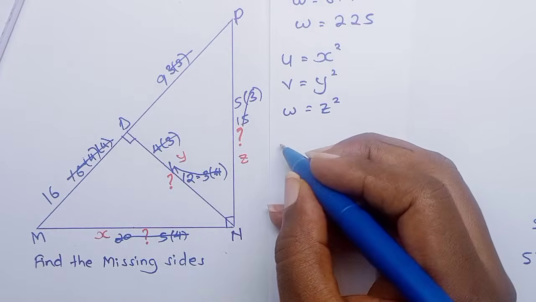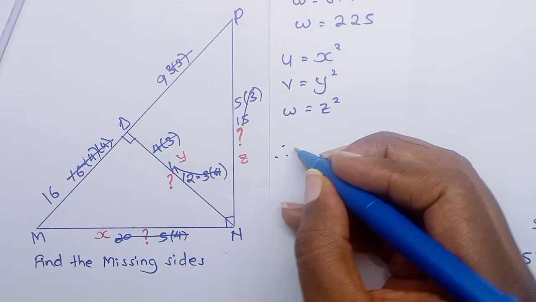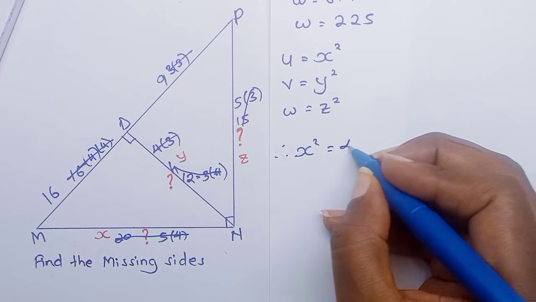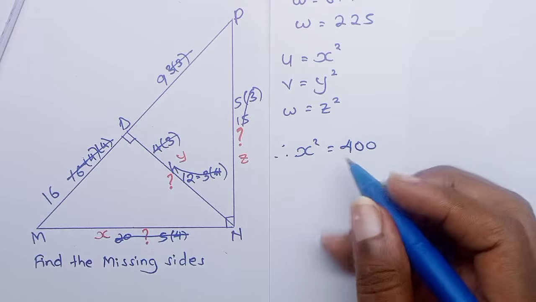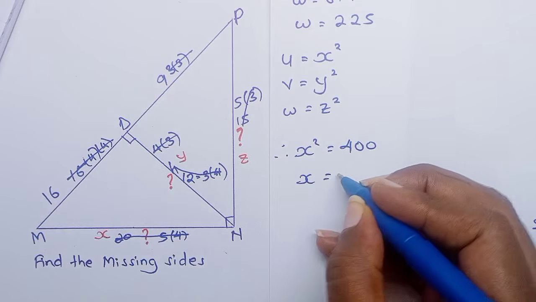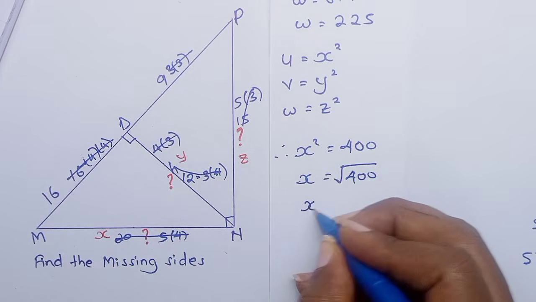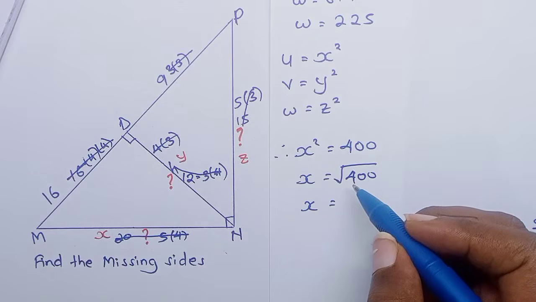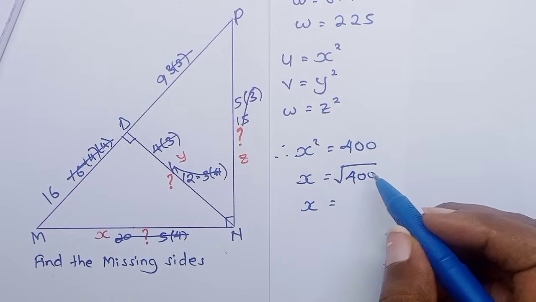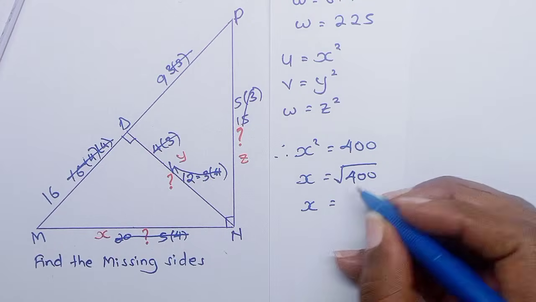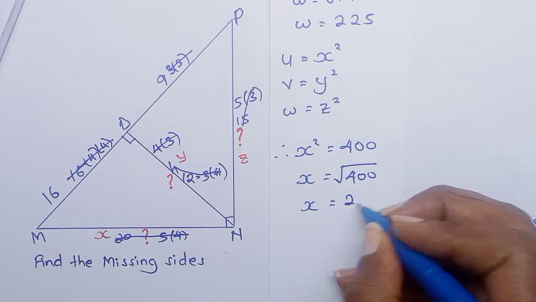So this implies that for the first one, x squared, we got our value of u as 400. So x squared is 400. So x will be equal to the square root of 400. And therefore x is equal to, we cannot take a negative value because x represents length, so the square root of 400 is 20.